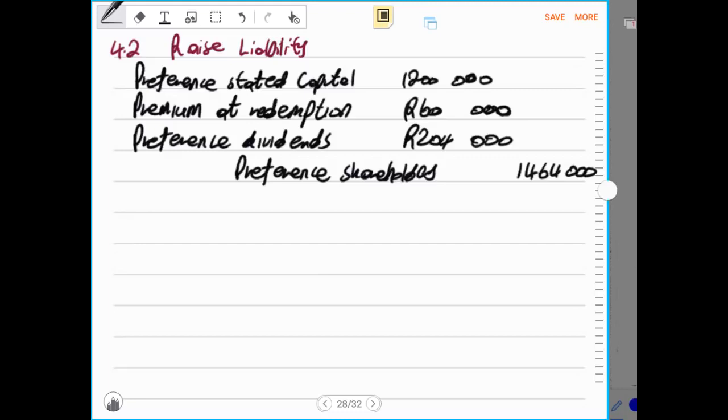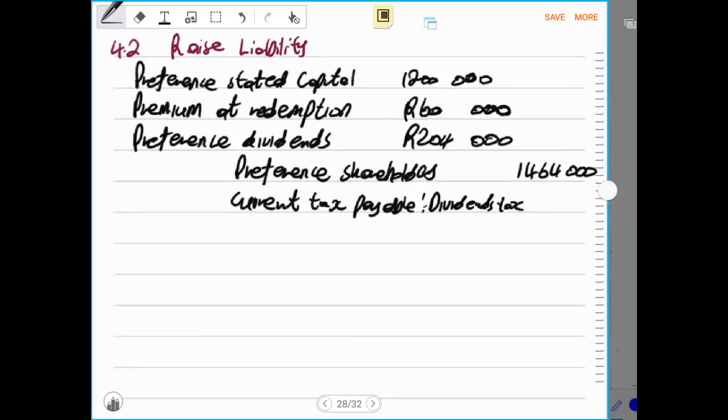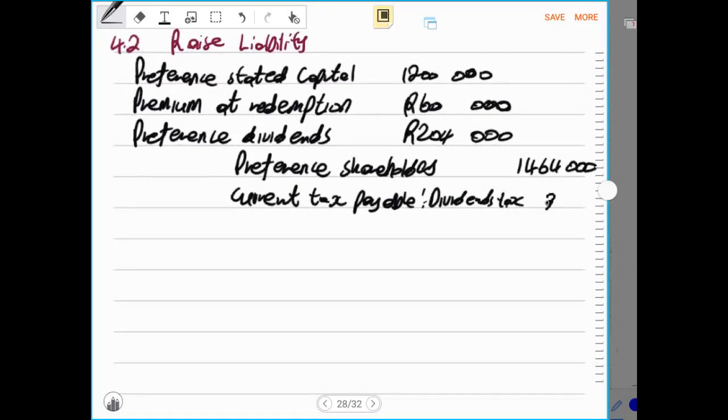So now if it's due to SARS, it must be separated and it must be a separate liability. Therefore that is why we now credit current tax payable, dividends tax, and that is 36,000 rands.